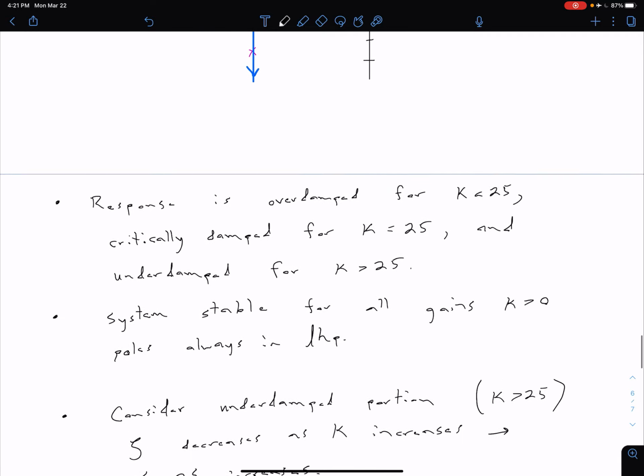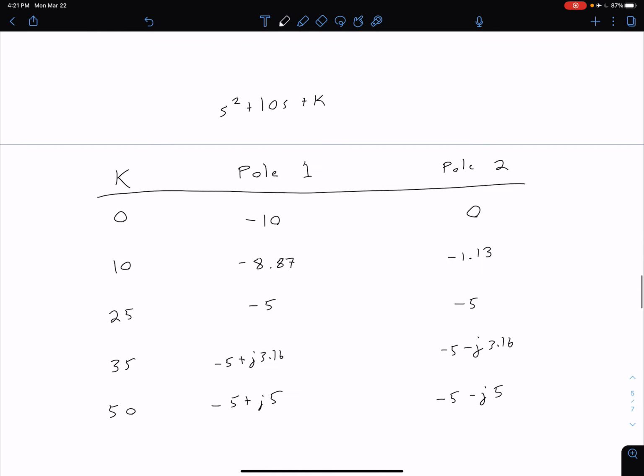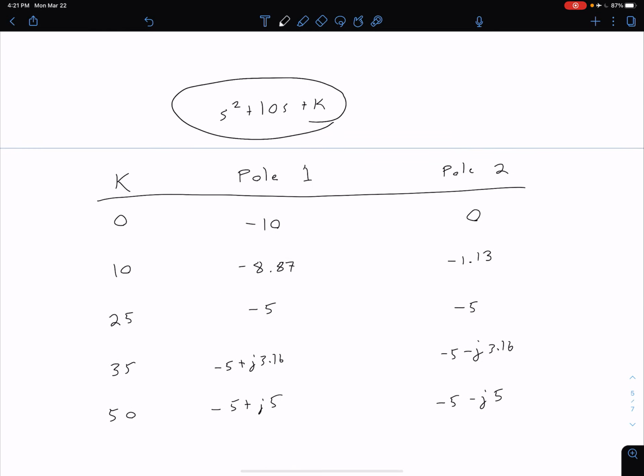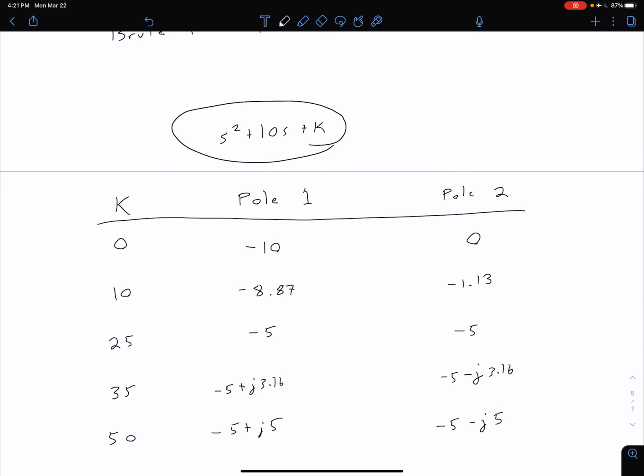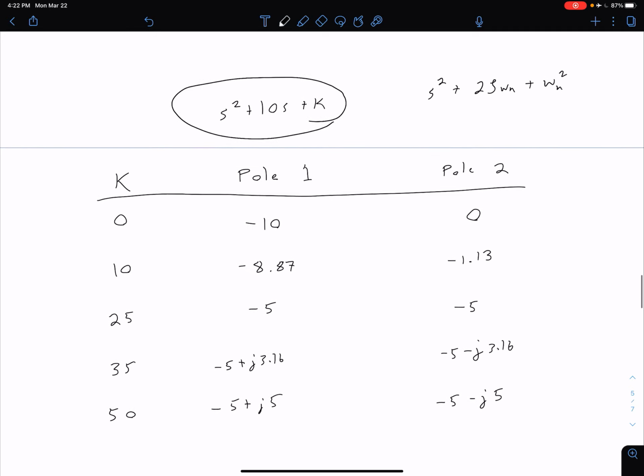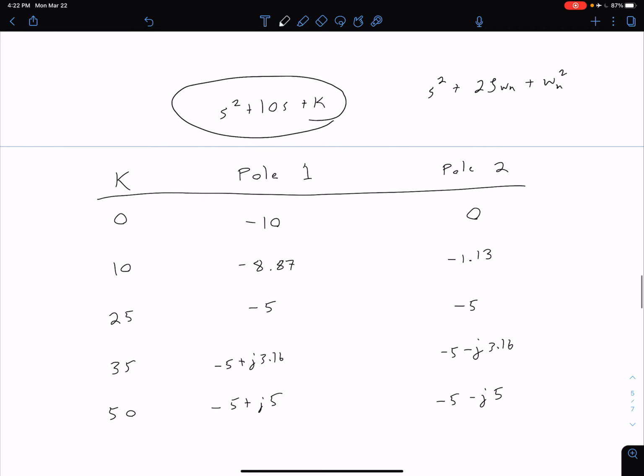Another way that we can think about that is going back to our initial equation here. So we have this s squared plus 10s plus k. If we compare that to our characteristic equation in our general form, we have s squared plus 2 zeta omega n s plus omega n squared. And so what we can see, comparing that, is our omega n is square root of k, but our 2 zeta omega n is a fixed value at 10.